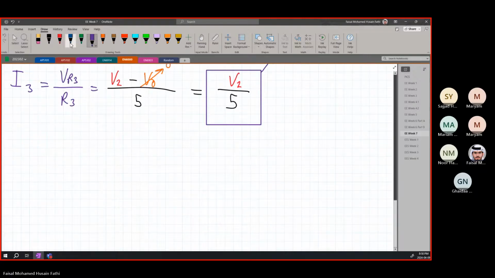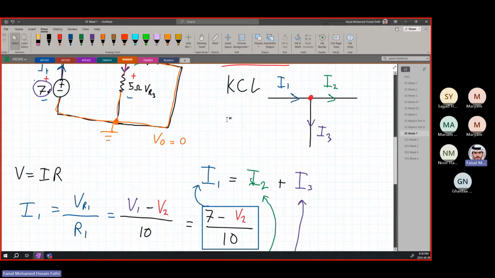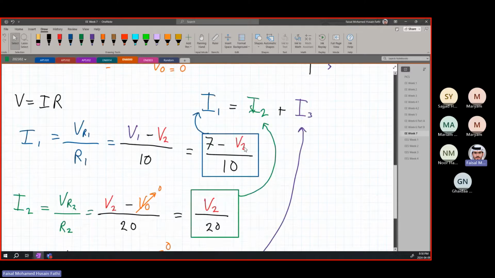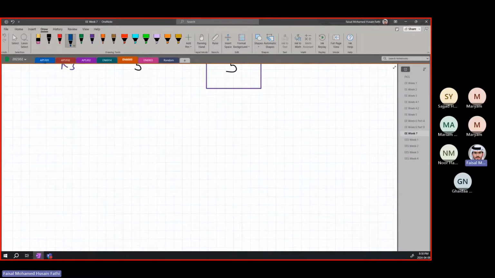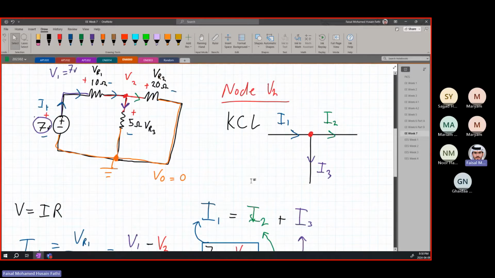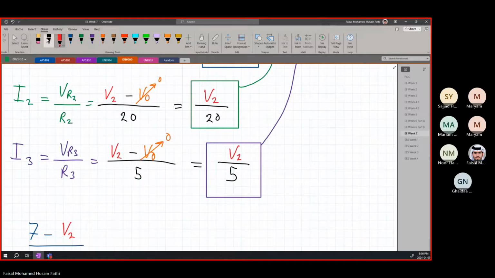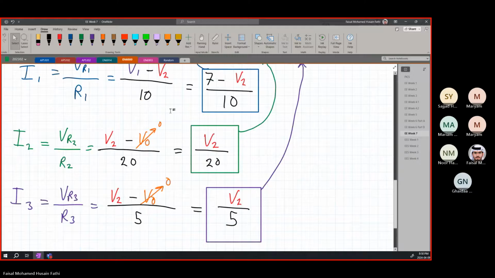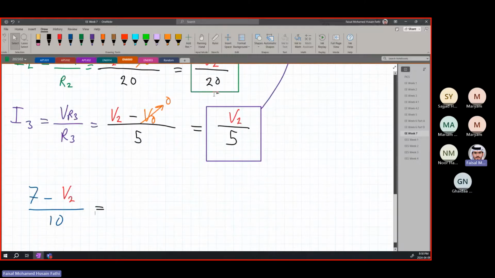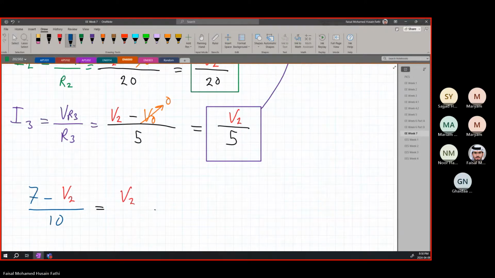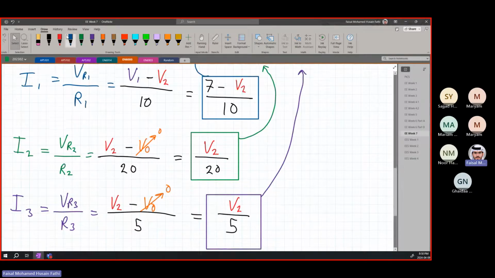So remember we had this equation: I1, which is (7 minus V2) over 10. This was our I1, and it is equal to I2, which is V2 over 20, plus I3.